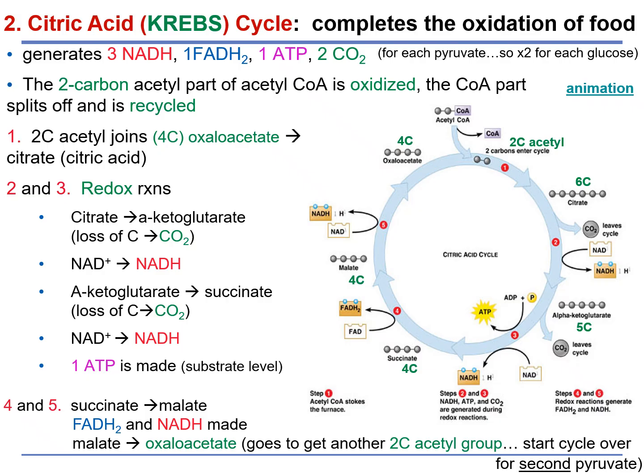second pyruvate. Basically, oxaloacetate joins with acetyl-CoA, and then they make a 6-carbon chain. The 6th carbon is removed and creates a 5-carbon chain. And then another carbon is clipped off to become a 4-carbon chain.